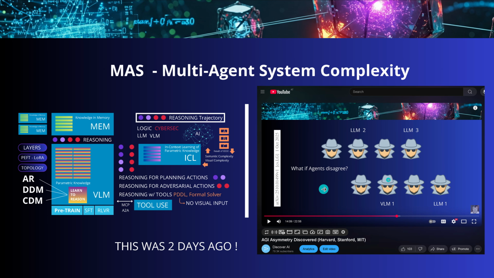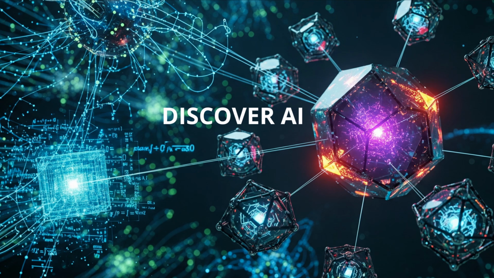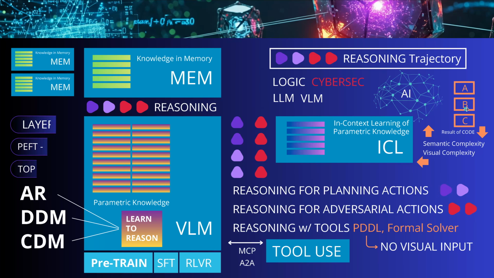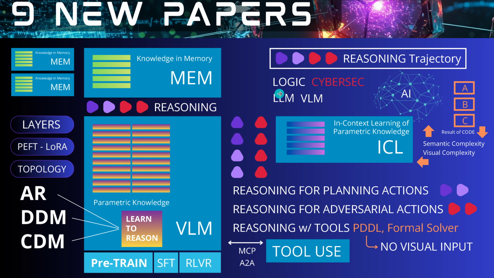And you might say, hey, but this video was now 2 or maybe even 3 days ago. What happened today? And you are absolutely right to ask this, because this is the channel Discover AI. So yes, absolutely. If we have this representation, I have chosen this representation because we have 9 new papers.